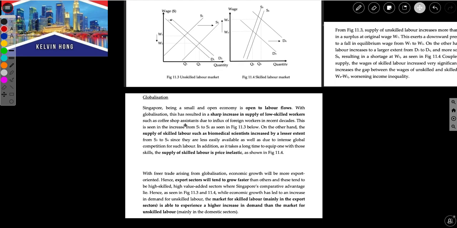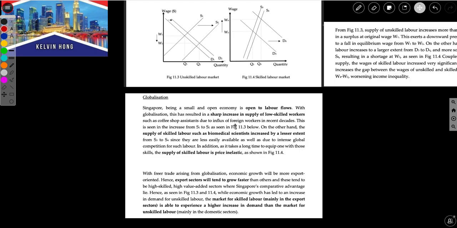This example is really because I'm talking about the unskilled labor market here, but in reality, if it is just the non-university grads, then you have many other occupations which may be in competition with your poly grads, in competition with your ITE grads, and so on. Recently, a handyman has been coming to my house to do various repairs.